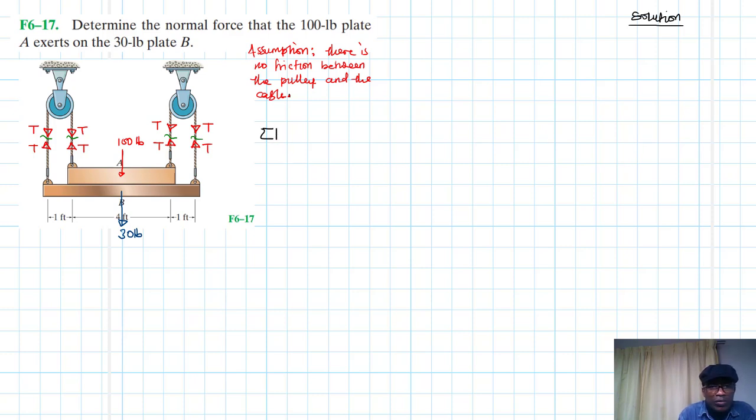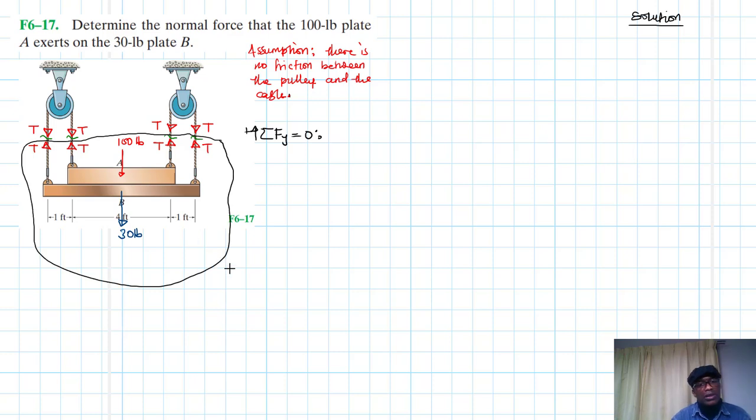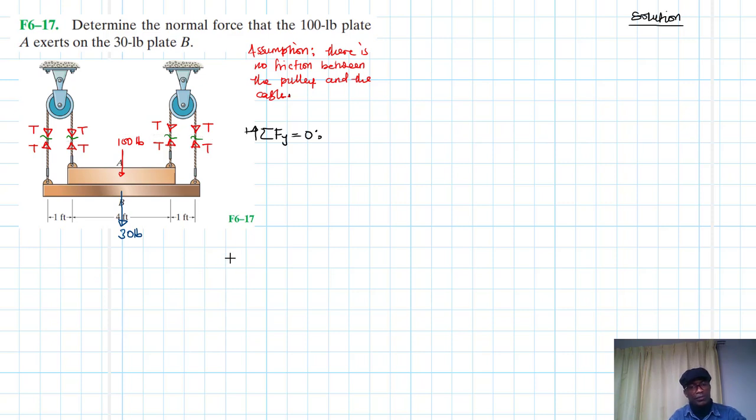So summation of forces in the Y equal to 0, going up in our reference. So how many T's do you have? We have done the sectioning. We are just considering this body here, this one here. This is the one we are working on, right? What does this one give us?